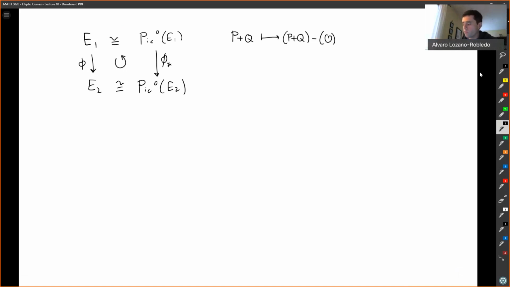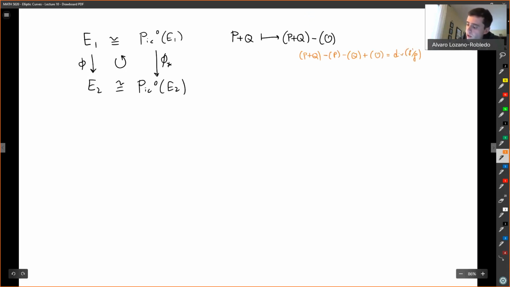But if you remember the proof of when we proved that Picard 0 and E are isomorphic, that the Picard group on the elliptic curve, there is an isomorphism between the two, we showed that P plus Q minus P minus Q plus O was the divisor of a function we called f prime over f, and therefore equivalent to 0.